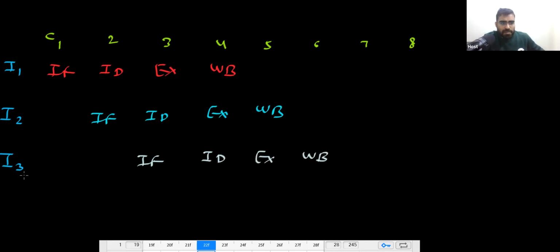Now, two situations are possible, depending on whether you assume split phase or not. Let me assume case 1.